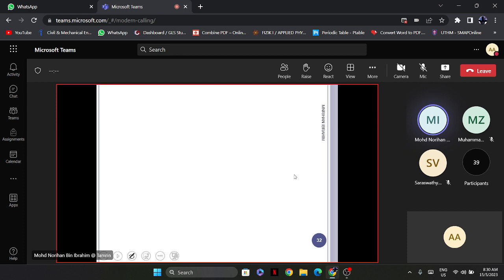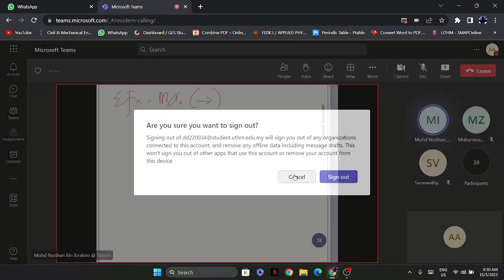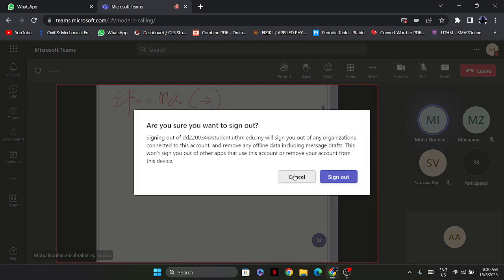Let's consider the sum of Fx is equal to max, positive to the right. Is there any acceleration to the right? No acceleration at all, because there is only a vertical acceleration, the crate is lifted upward, and the acceleration a is equal to 3 meters per second squared.